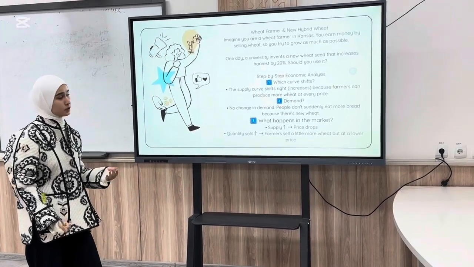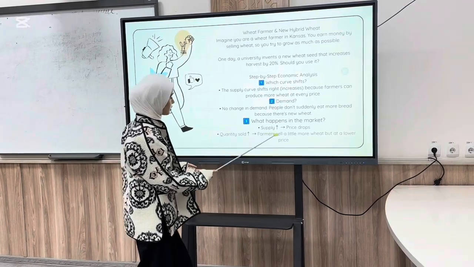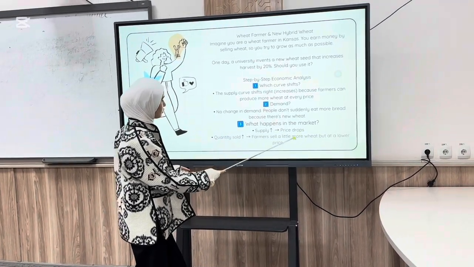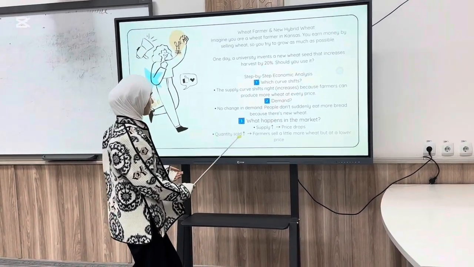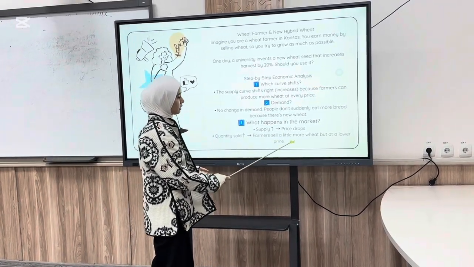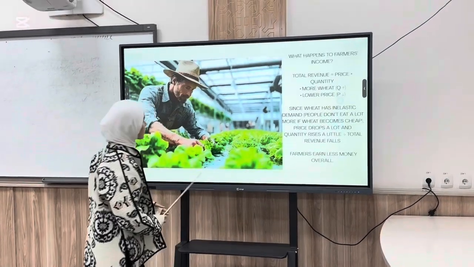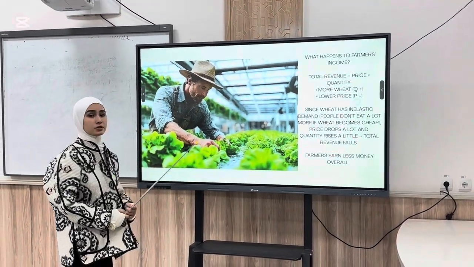And what happens in the market? Supply increases, and as a result, price drops and quantity sold rises, and therefore farmers sell a little more wheat but at a lower price. So what happens to farmers' income?